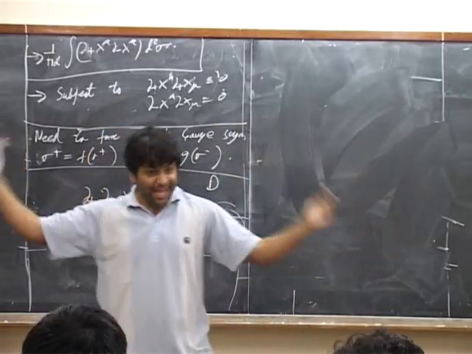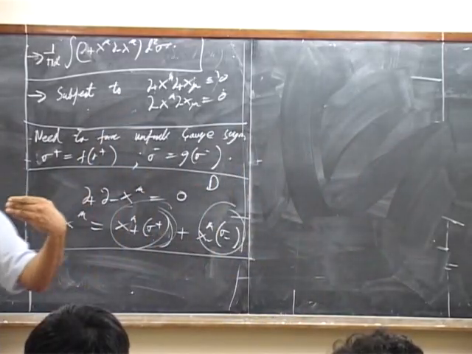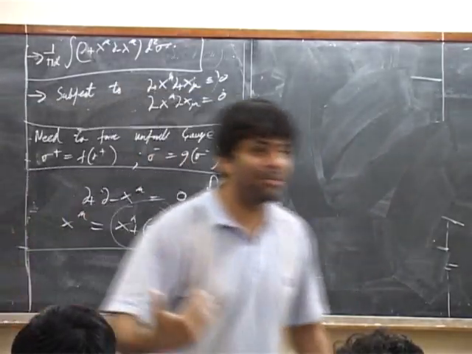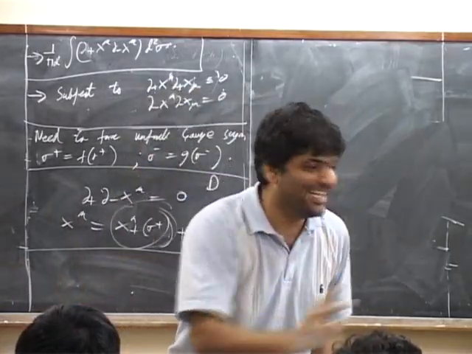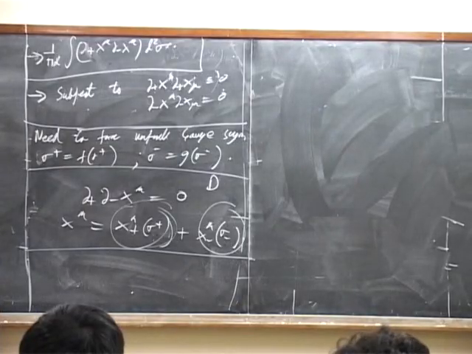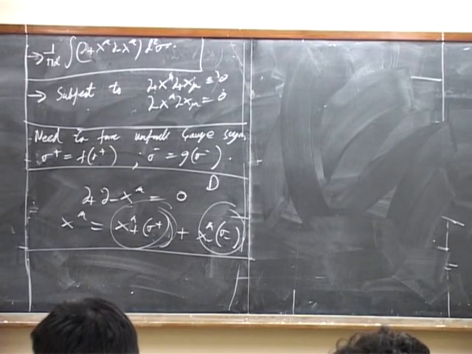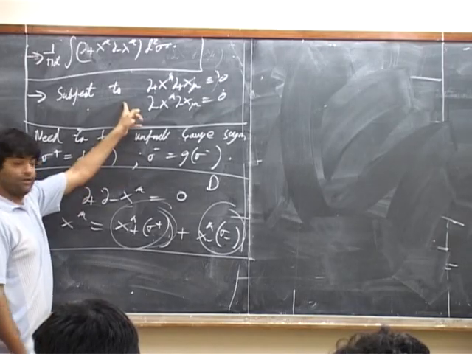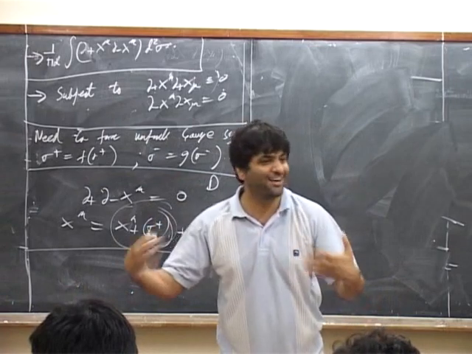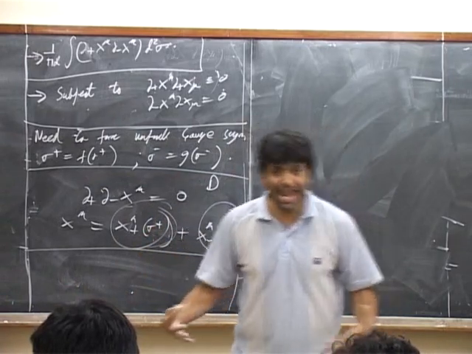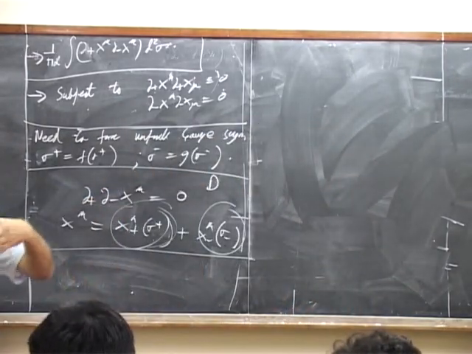So the space of classical solutions of this problem is d minus 2 functions of x plus and d minus 2 functions of x minus. Okay? If we had forgotten about this redundancy, we would have got the answer d minus 1 and d minus 1, which would be totally wrong. Okay? So it's a very important thing, as you will soon see.